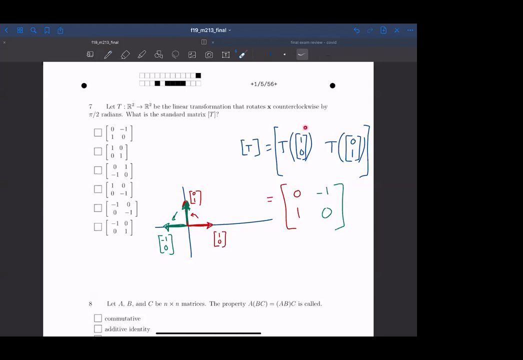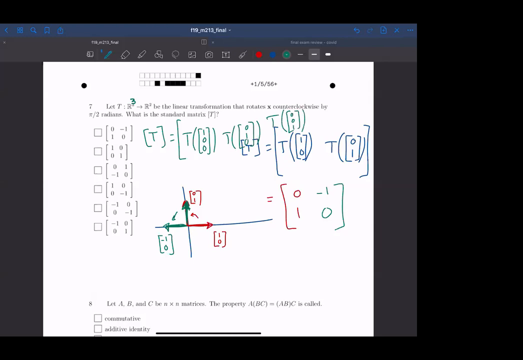So it's always these vectors we plug in. Sometimes people ask, how did you know to plug in 1, 0 and 0, 1? You always just plug in these standard basis vectors. If it was a linear transformation from R3 to somewhere else, then I would have plugged in 1, 0, 0, 0, 1, 0, and 0, 0, 1.